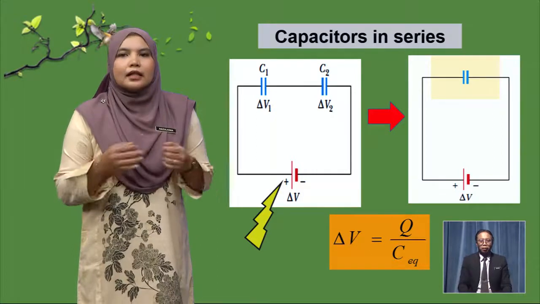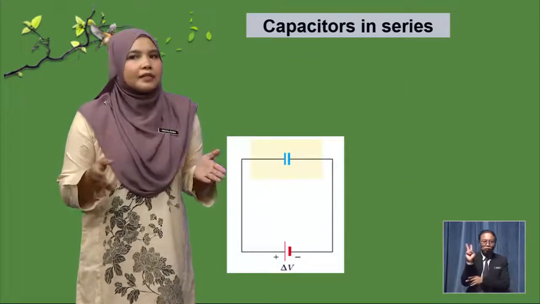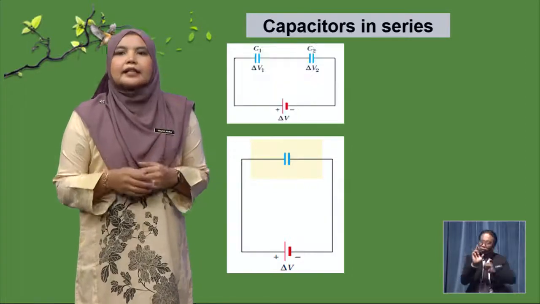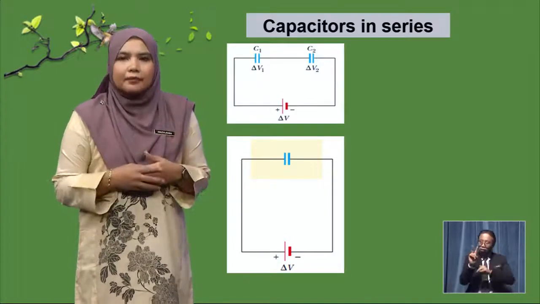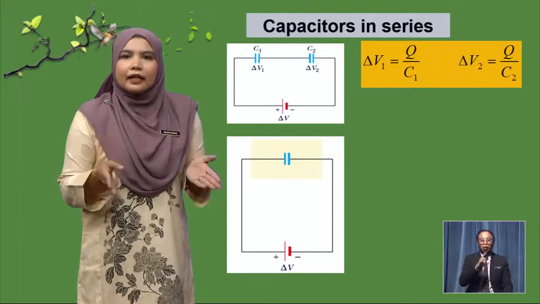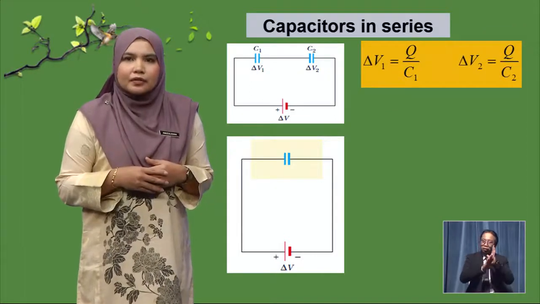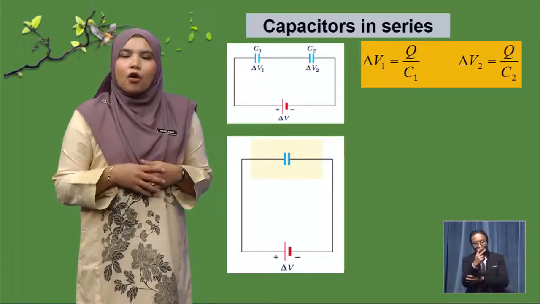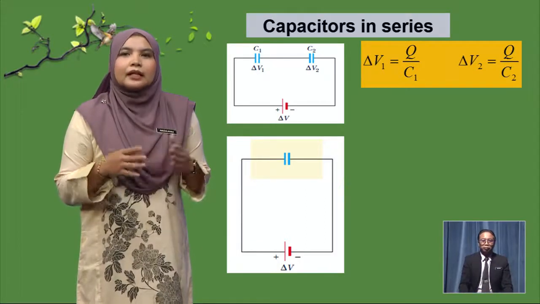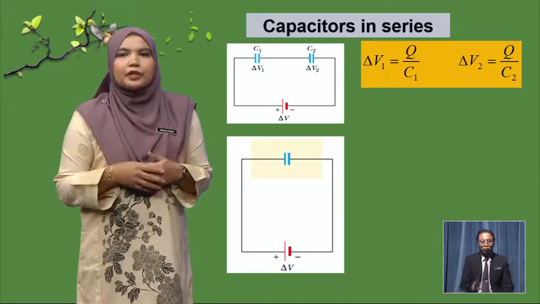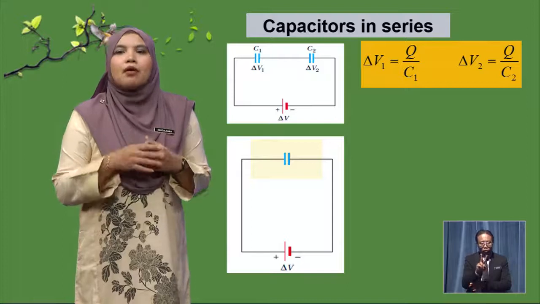Hence, the voltage for capacitor 1 and capacitor 2 are delta V1 equals Q over C1, delta V2 equals Q over C2.